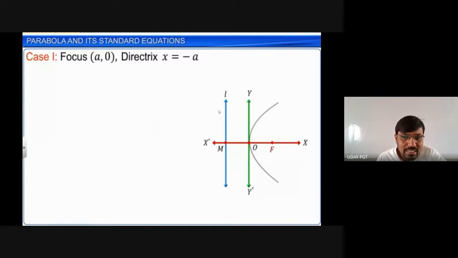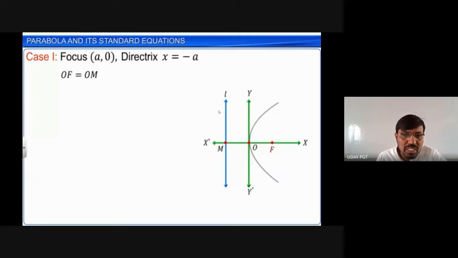In this case, the focus will be a comma 0 and the directrix will be x equals minus a, if it is open towards the right side, with the x-axis taken as the axis and the vertex at the origin.